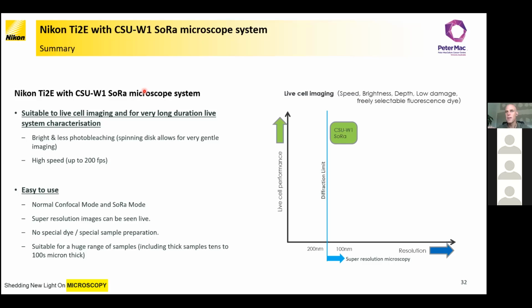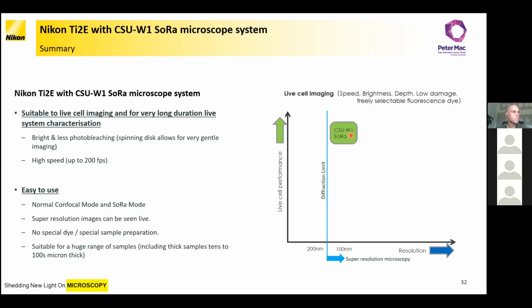The number of applications out there, the number of samples that could be characterized by it is massive. And with the number of publications I showed you, we really are just scratching the surface. So it'd be really interesting to hear from you potential applications or ideas that you have that you think might be applicable to measuring or characterizing on the spinning disc.